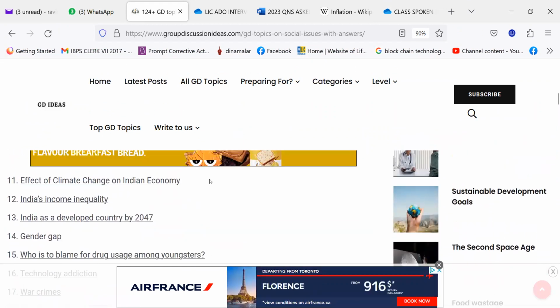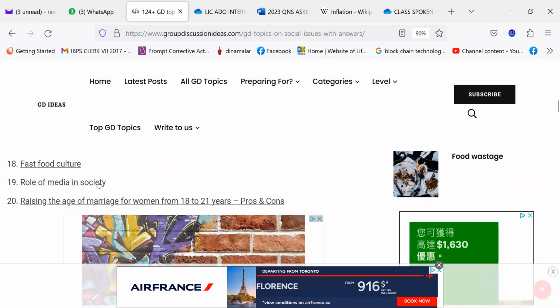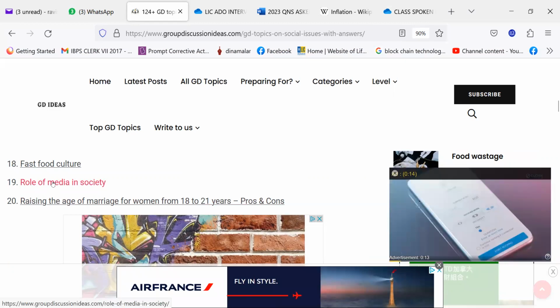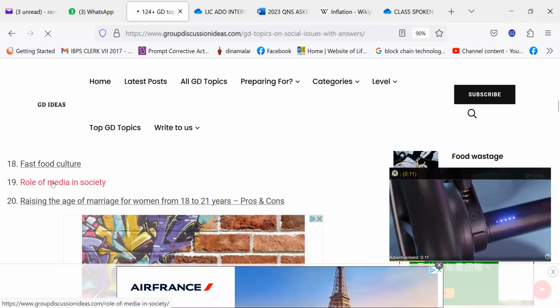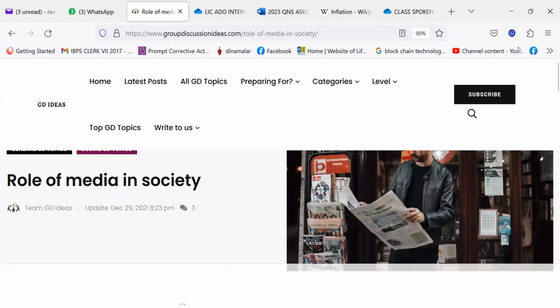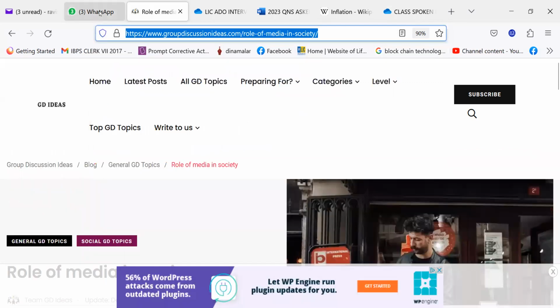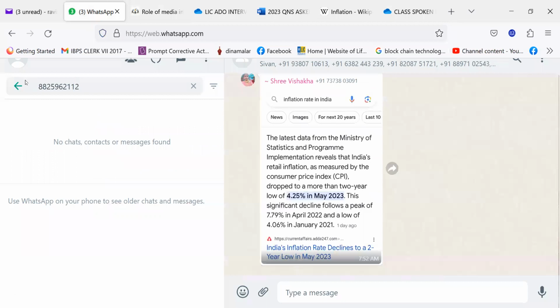Gender gap also we have done. Then role of media. This also we have done. Valarmati, role of media? No, sir. Okay, please take down role of media in society. I am giving in our WhatsApp page, spoken English. You can take it.